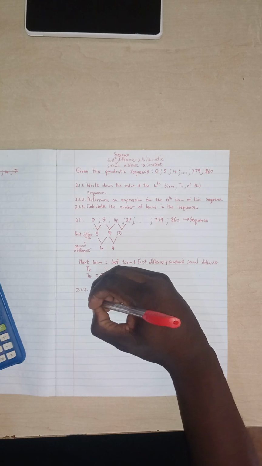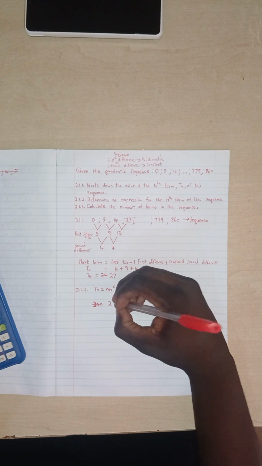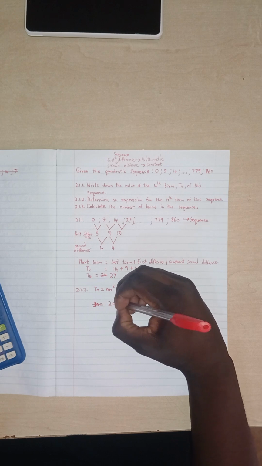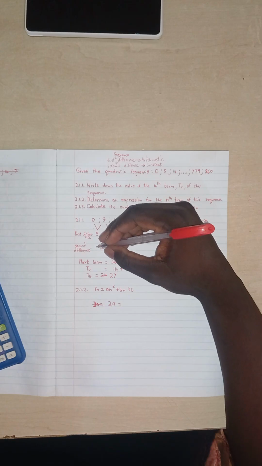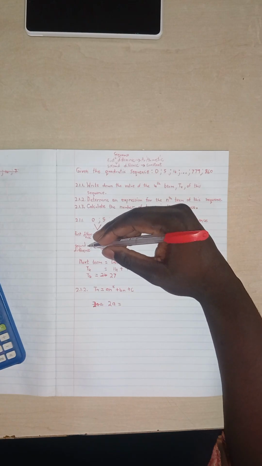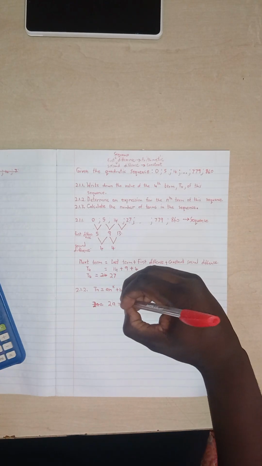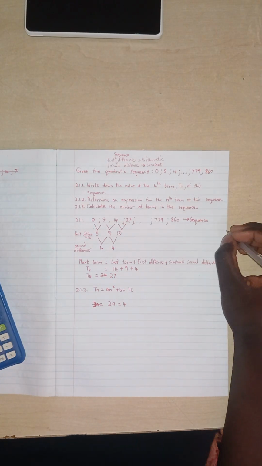Sorry, we use 2a, not 3a. 2a is equal to the second constant difference, which is 4.